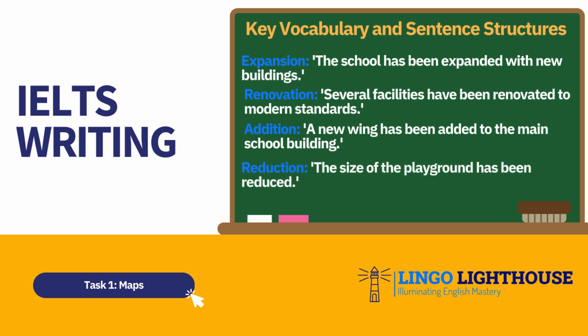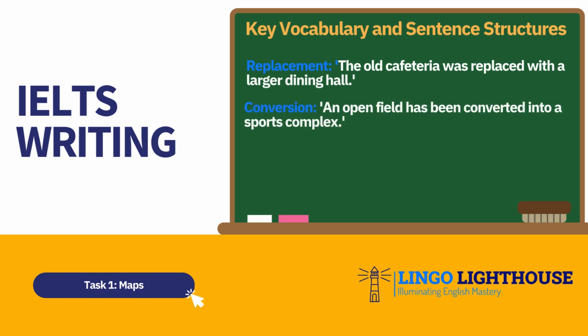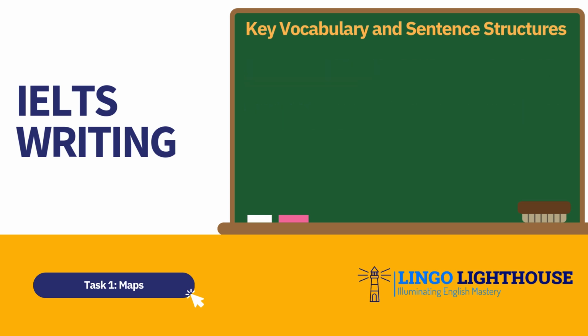Reduction: the size of the playground has been reduced. Replacement: the old cafeteria was replaced with a larger dining hall. Conversion: an open field has been converted into a sports complex. By incorporating these words and sentence structures, you demonstrate lexical resource and grammatical range, both of which contribute to a higher IELTS band score.